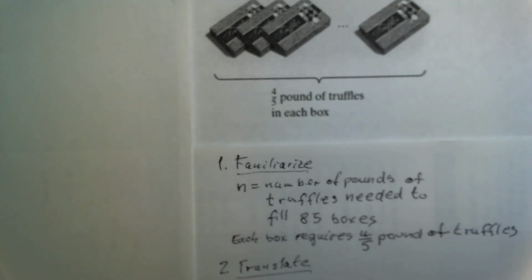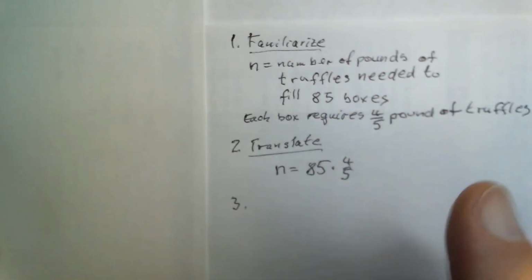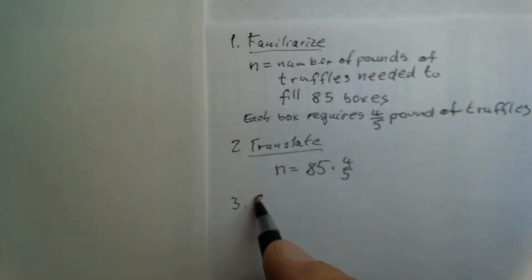So therefore, n equals 85 times 4/5 of a pound per box. 85 boxes times 4/5 of a pound per box. And then number 3 would be to solve.